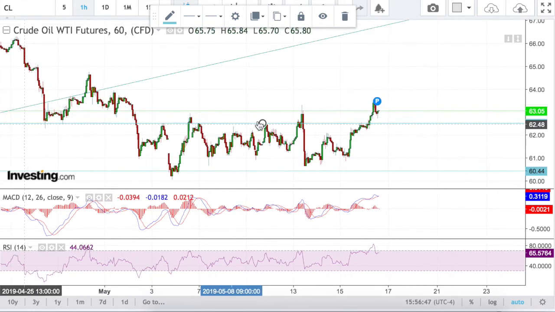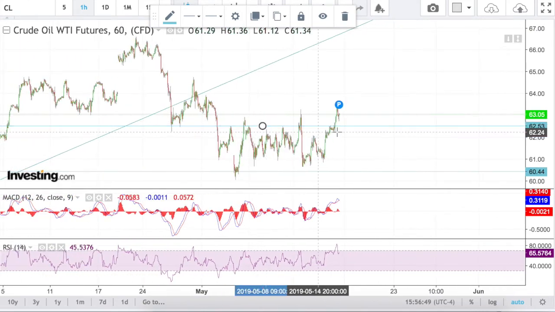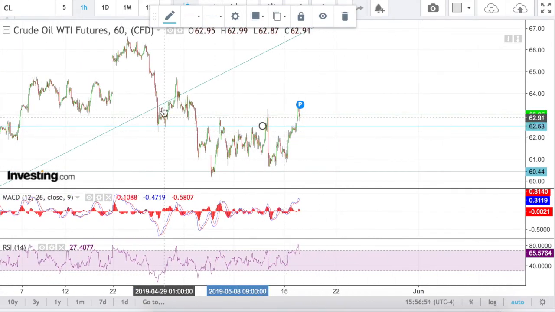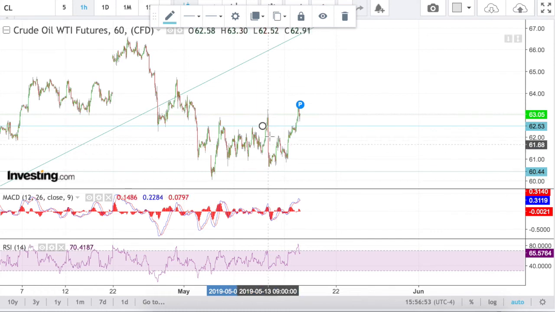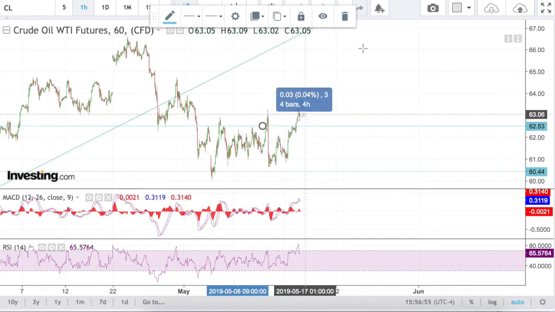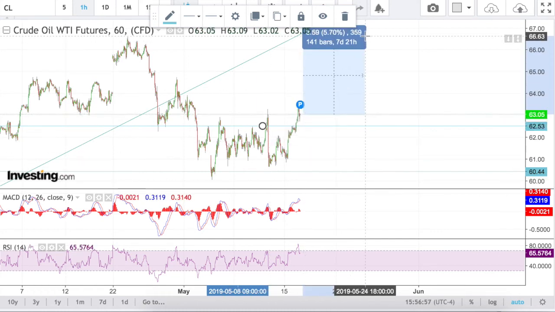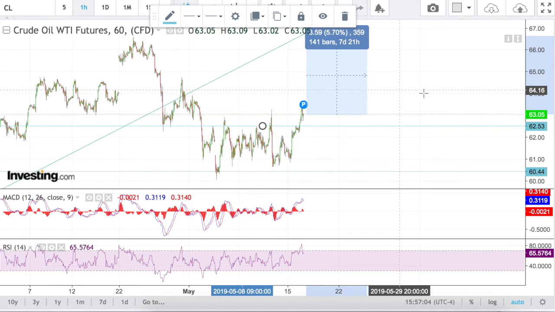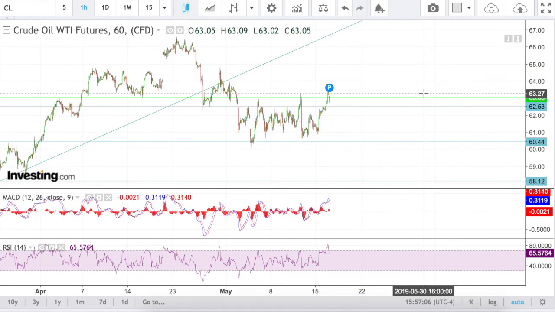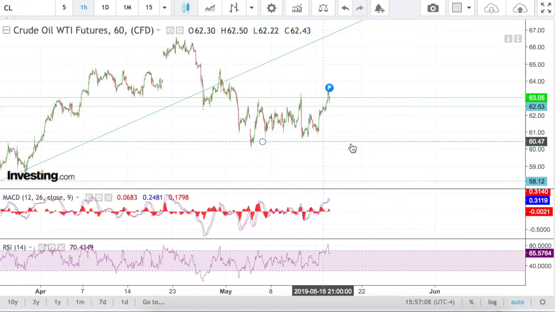So, almost a 0% loss right there. And potential gain is 5.6, 5.7% gains. So nice risk-reward ratio, especially on UWT.